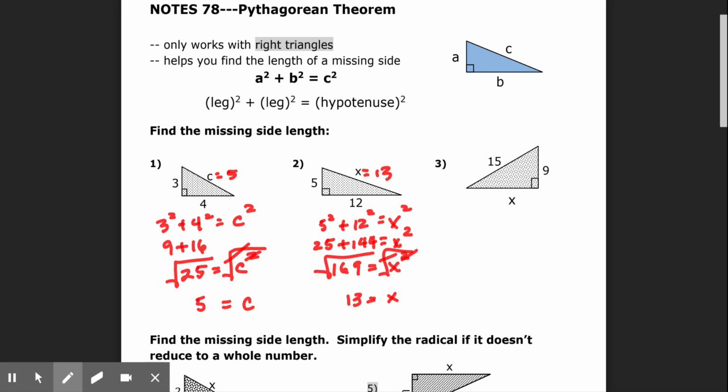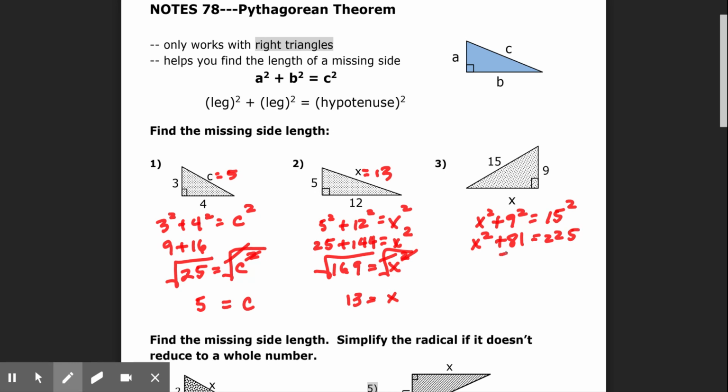All right, number 3. Now this one, the hypotenuse is given. So we're going to have x squared plus 9 squared equals 15 squared. So x squared plus 81 is equal to 225. On the other ones, we squared and added.